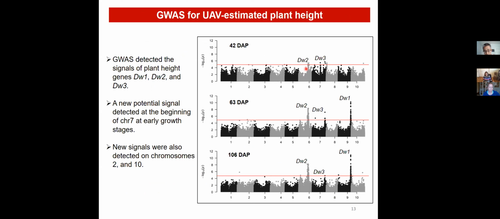Compared to DW2 and 3, which were persistent throughout the whole season, DW1, on the other hand, was not detected during the early phase of the season, but only later on. We also found a stage-specific, potential QTL on chromosome 2 that was only detected at a later developmental stage.